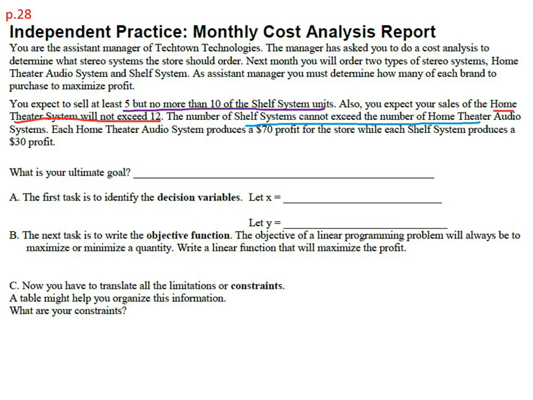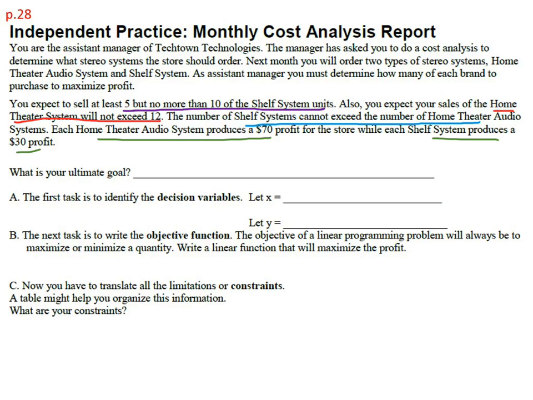Now, we're also talking about the profit here. So, important to remember that each home theater system produces a $70 profit, and the shelf systems produce a $30 profit. So reading over all that information again, we want to figure out what is the ultimate goal. What do we want to do?